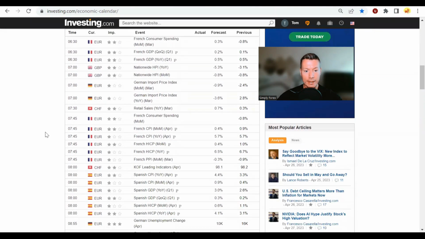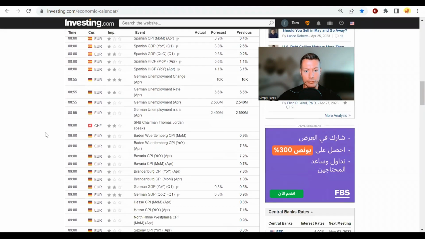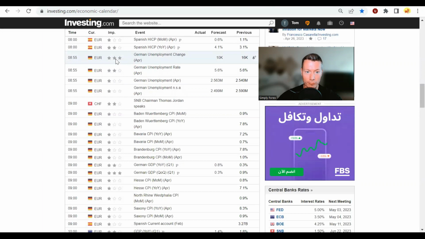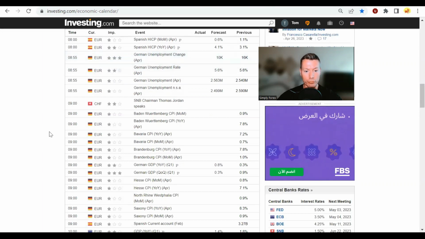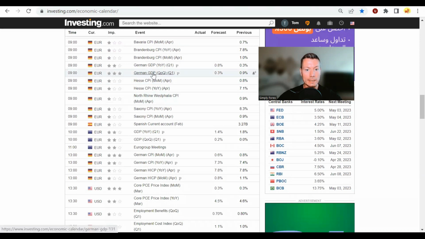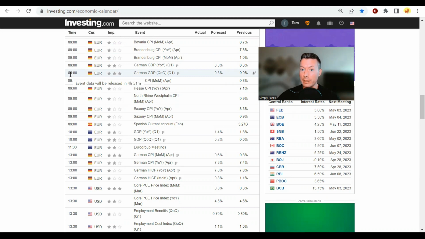If we carry on down, the next piece of news we're interested in is this. 8:55 London GMT, German unemployment change, a 3-star rating, could really move the euro. 5 minutes later, we also have GDP figures coming out of Germany at 9 o'clock. So you saw the reaction from the American GDP figures.